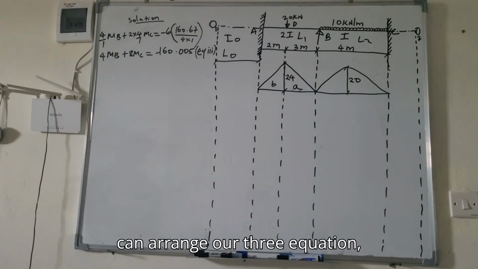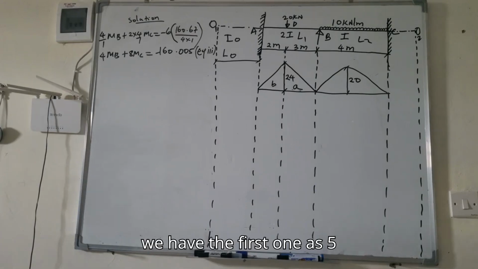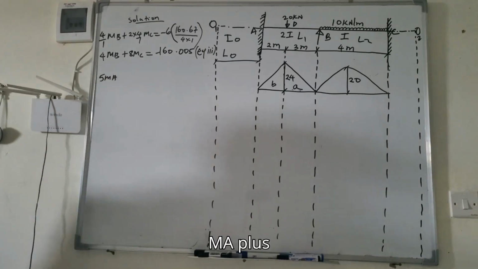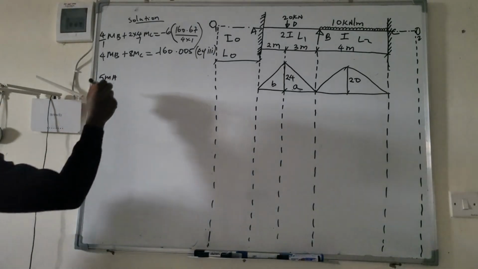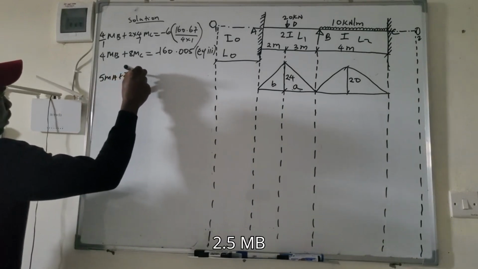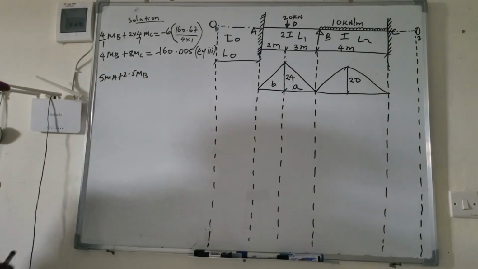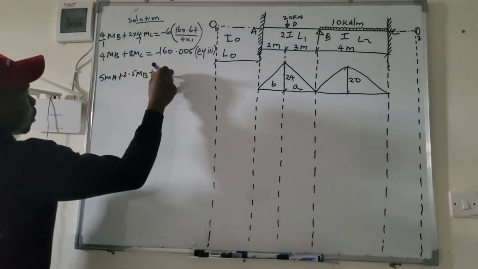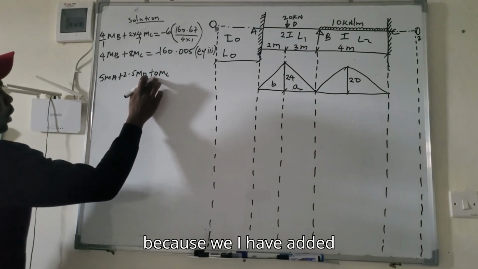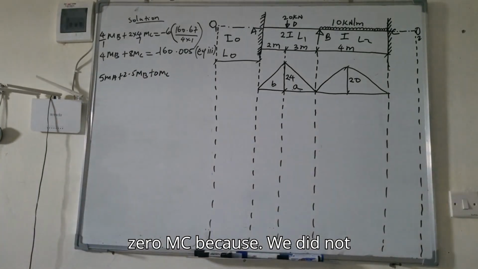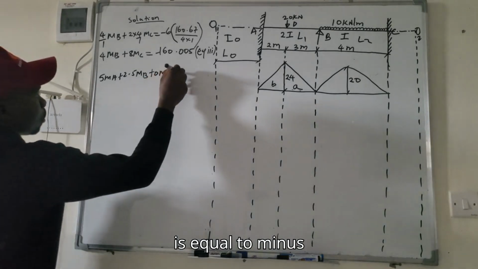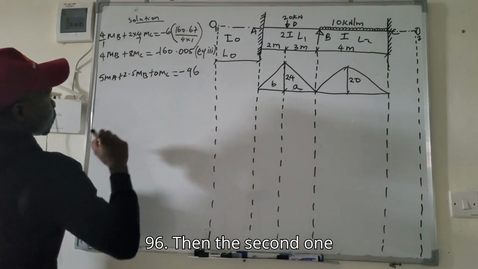So if we arrange our 3 equations, we will have the first one as 5 MA plus 2.5 MB plus 0 MC, because I have added 0 MC because we did not have any value for MC. So it's 0 MC is equal to minus 96.